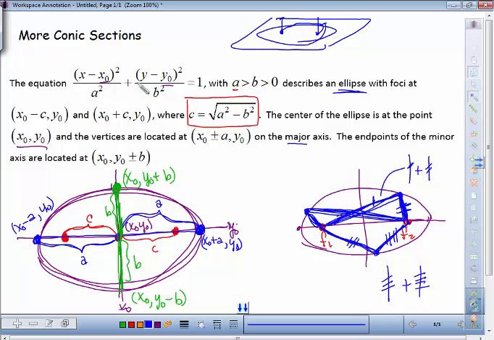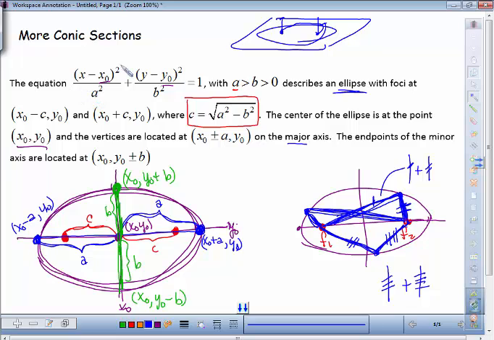For an ellipse, both the x and the y are squared. For a parabola, if you look back at your notes, you'll see one of the variables is squared, but the other one is not. So that's what you want to watch out for. Parabola: one of the variables is squared, the other is not.